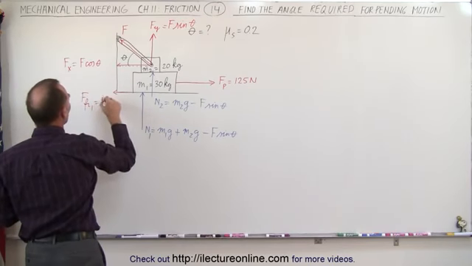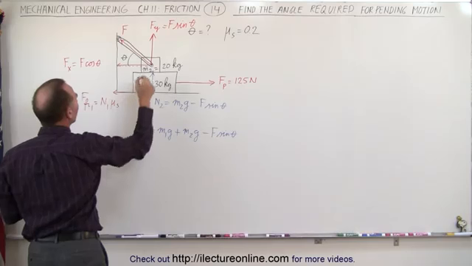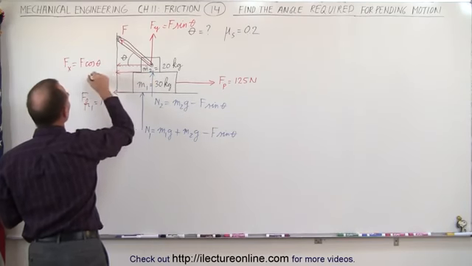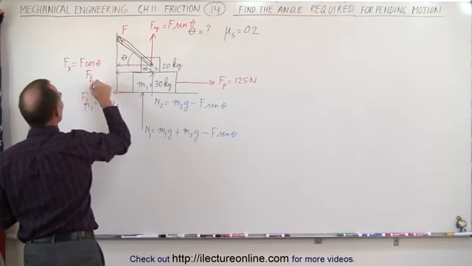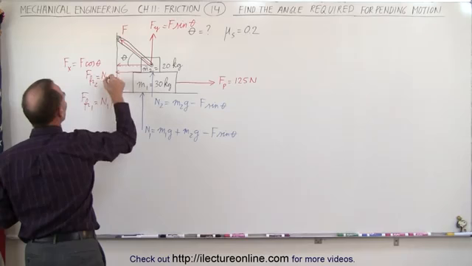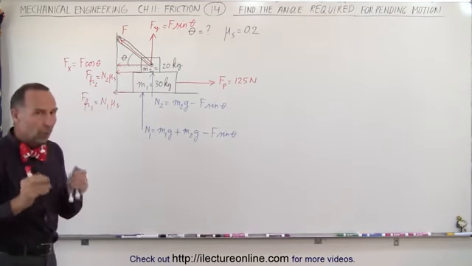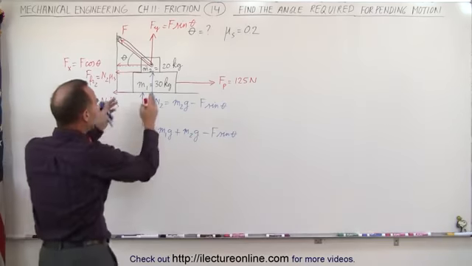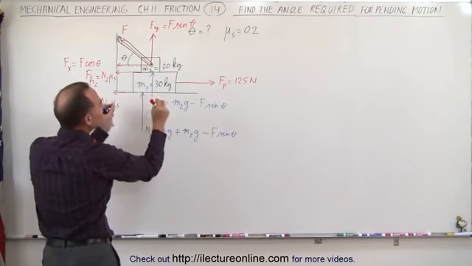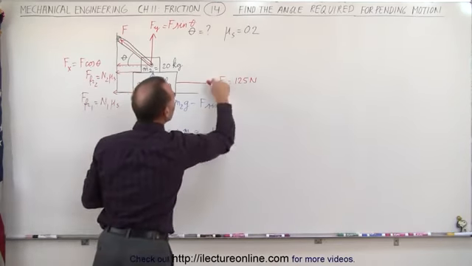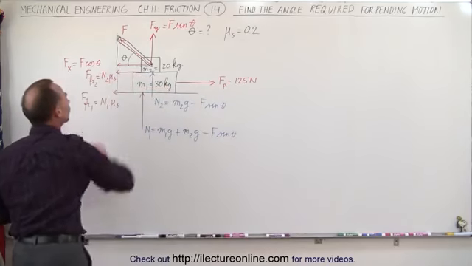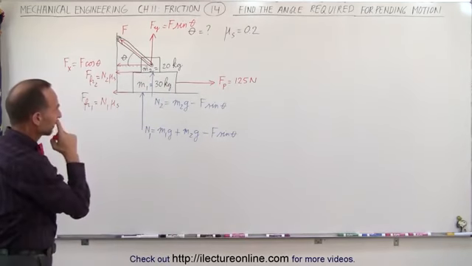That's going to be N1 times mu sub s. And then we have a second friction force, friction force 2, which is going to be N2 times mu sub s. At the point where the block M1 is just about ready to start moving, this force right here is going to be equal to the sum of these two forces right there.